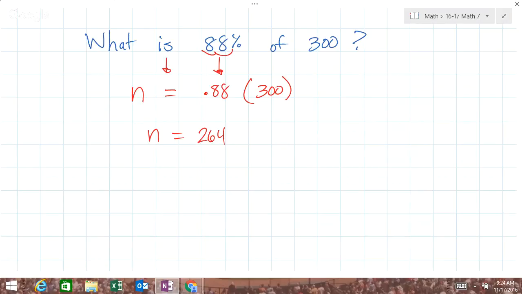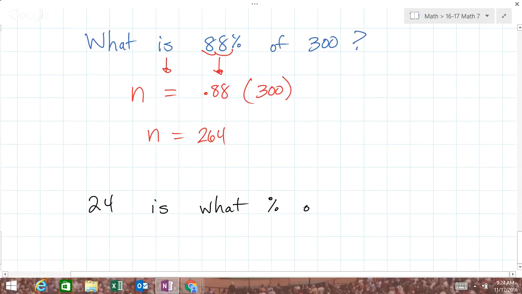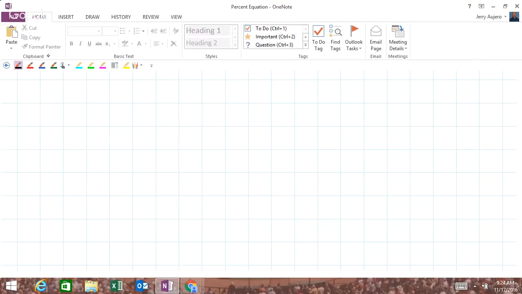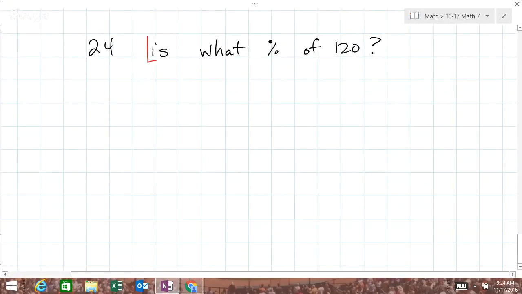Let's try one more of these. 24 is what percent of 120? Remember, we're looking for this and this to help us out, yes?